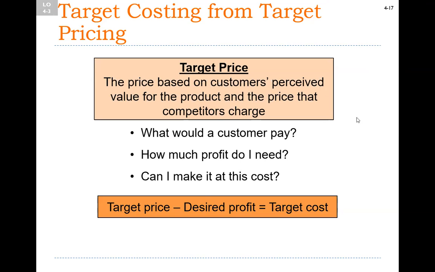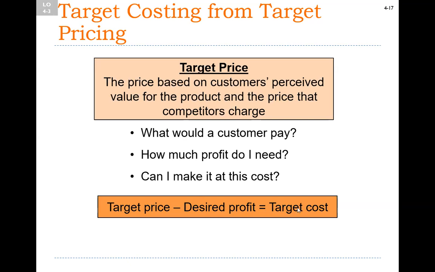And then we say how much profit. We talk to our accountants, we talk to our CEOs, how much profit do we need to make? So then we back into our costs. Normally we're used to seeing our sales price minus our cost gives us our profit. But we back into our costs by finding our price and then our desired profit.